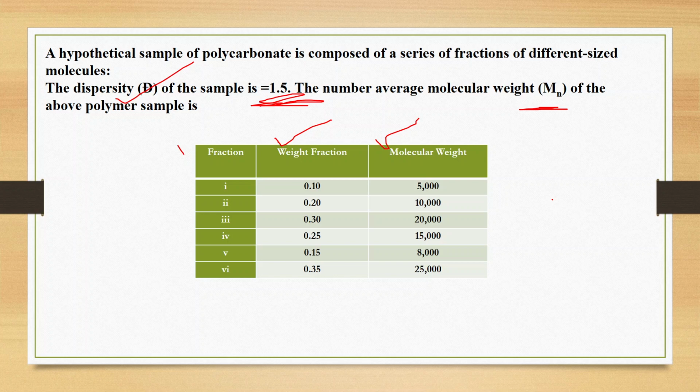Dispersity cannot be for a particular fraction, right? Dispersity means how much amount is getting inside it, and how close the values of MW and Mn are. So that can only be calculated at the end of polymerization.